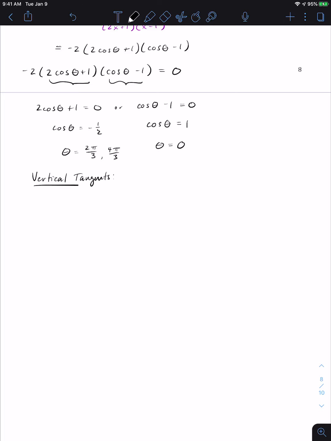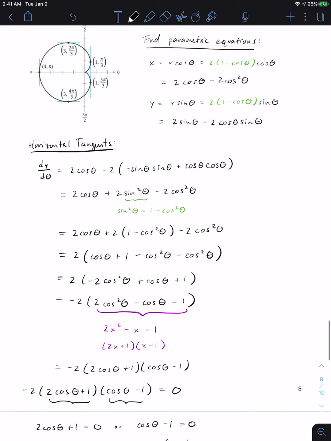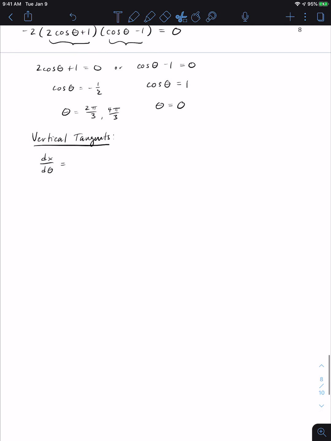So those happen again when my derivative of x is equal to 0. So for the derivative of my x, let me go ahead and copy this real quick. This is my x, right? So when I go to take my derivative, I get minus 2, because the derivative of cosine is minus sine.